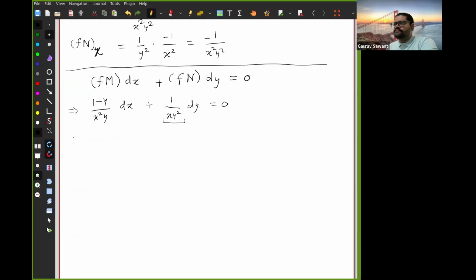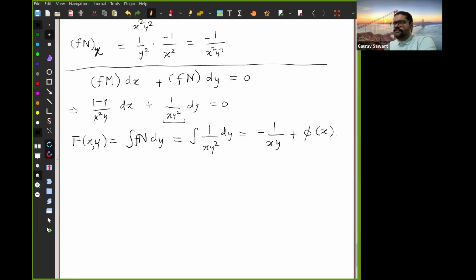So the candidate capital F(x, y) would be the integral of fn dy, that becomes minus 1 over xy plus some function of x alone, right?